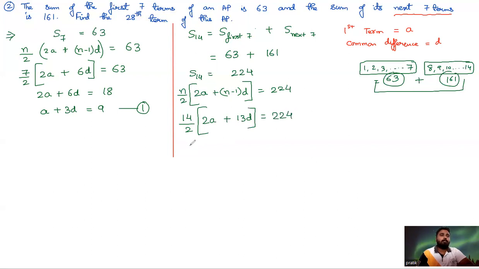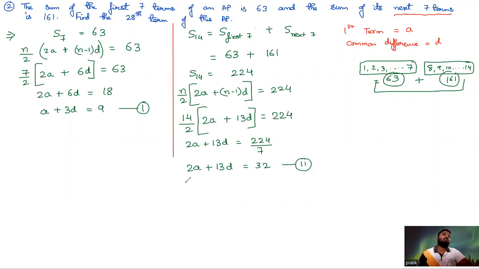So this is 7. So 2a plus 13d is equal to 224 by 7. You can't take anything else common. So 2a plus 13d is equal to 32, since 7 threes are 21, 7 twos are 14. So that's your second equation.